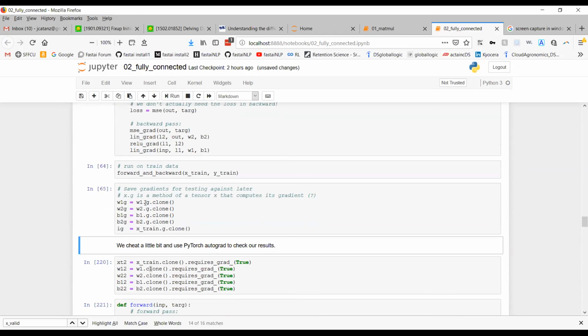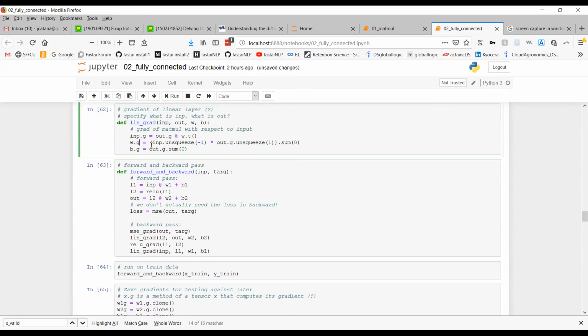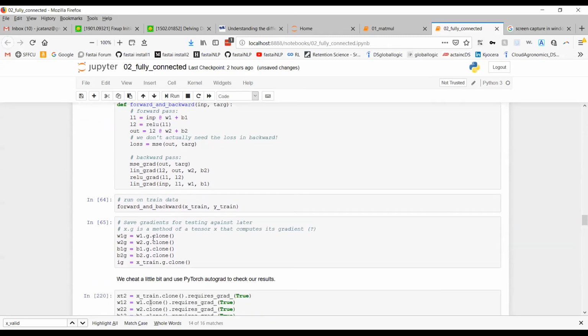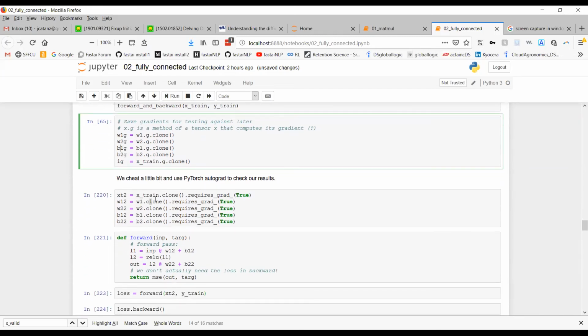I'm not sure how this .g thing works, but it's here. It's adding a property to these weights and biases. So I guess that's what it's doing. And then he uses clone. I guess that's the way that you copy a tensor so that you won't change its value by messing around with these things.